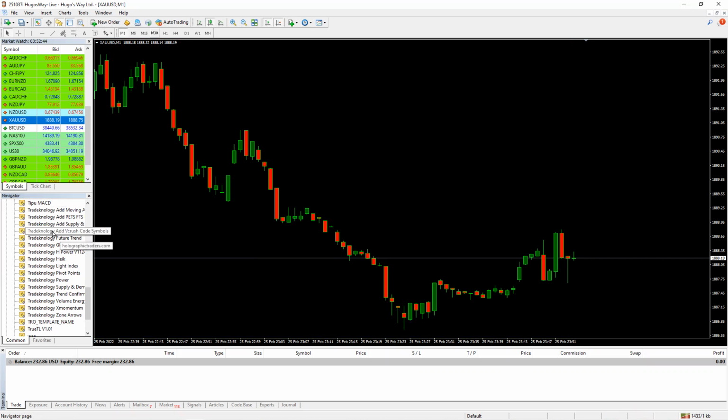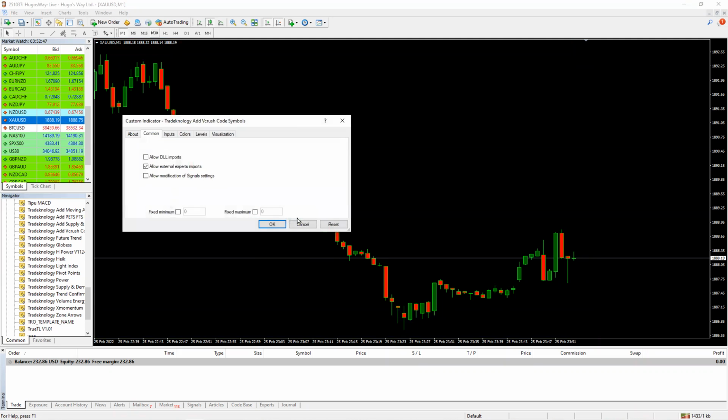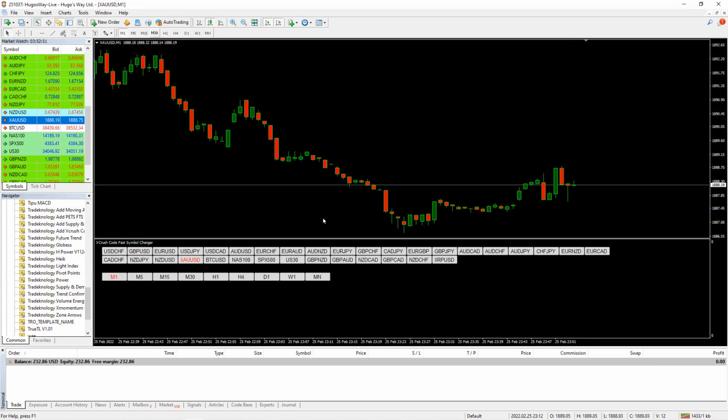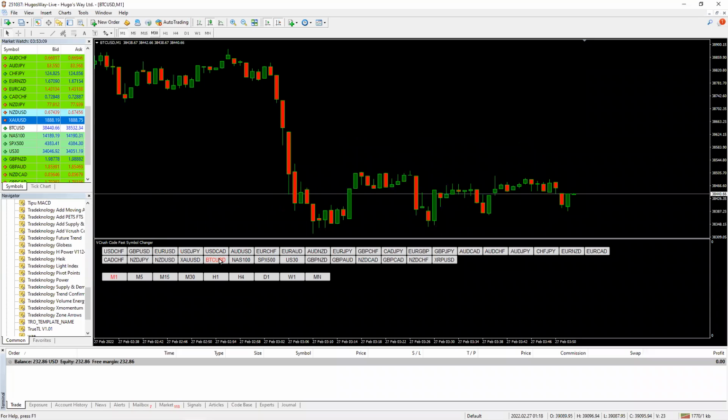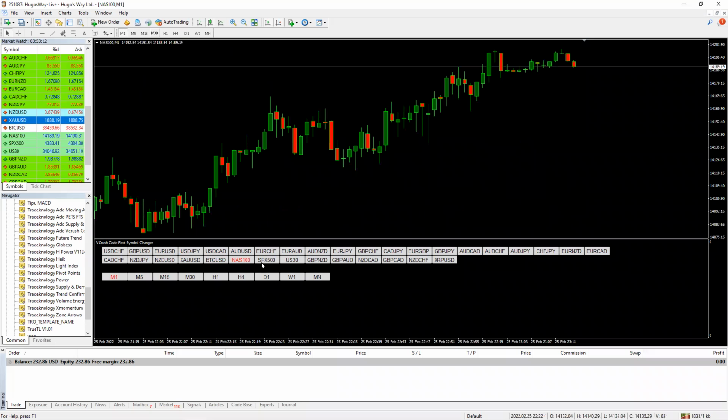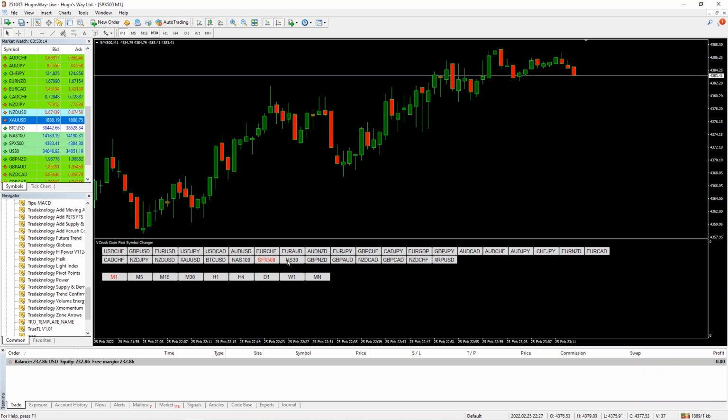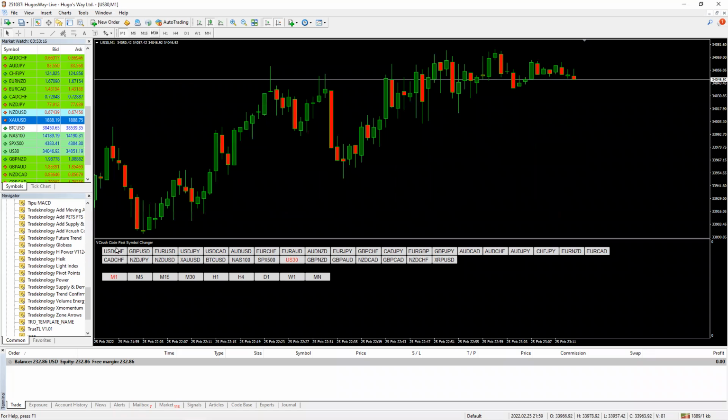Okay. And this last indicator over here is the last indicator that's available to all technology partners. What it does is it brings this to the bottom of your chart so you can navigate a little bit quicker. You can change between pairs. Like right now we're in gold USD. We can find US JPY, Bitcoin, NASDAQ 100, S&P 500, the US 30.